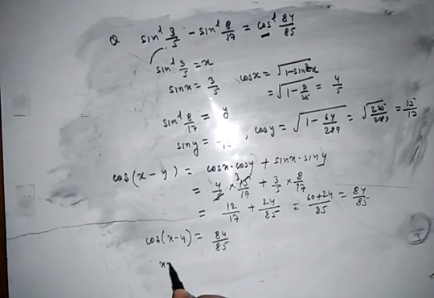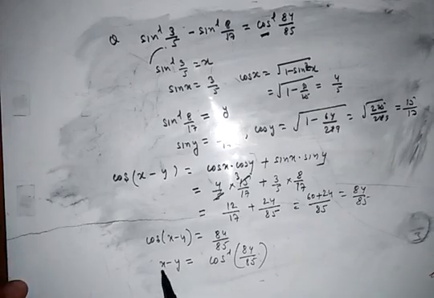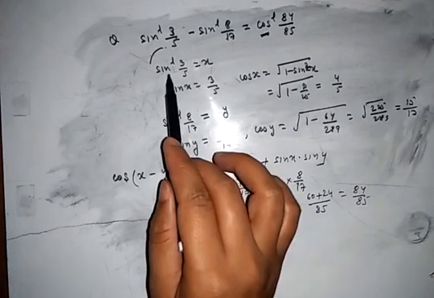Then x minus y is nothing but cos inverse of 84 by 85. Okay, so x is nothing but sine inverse 3/5.